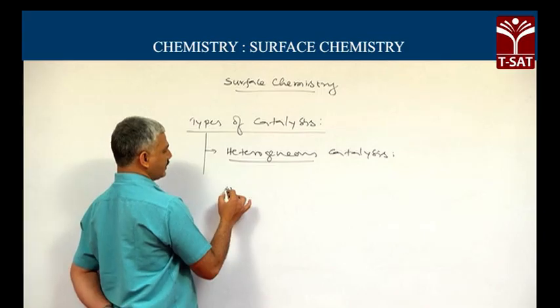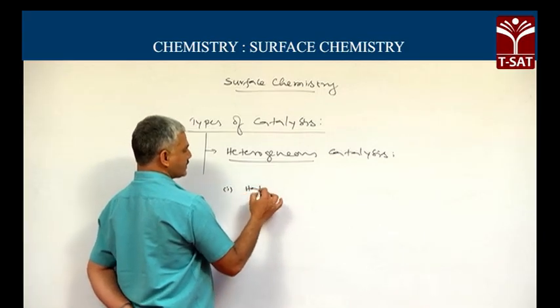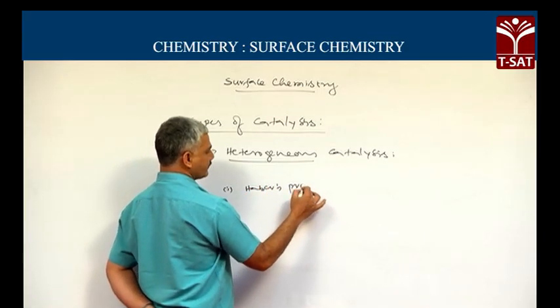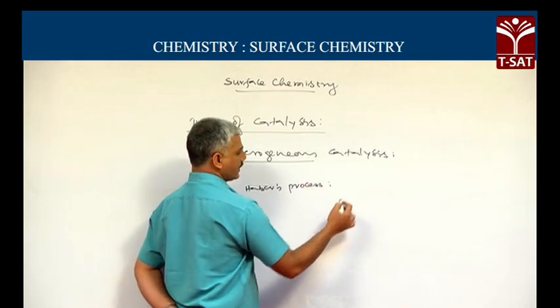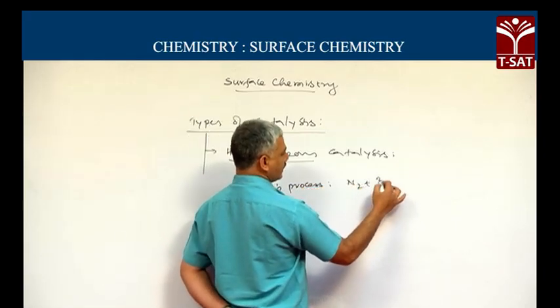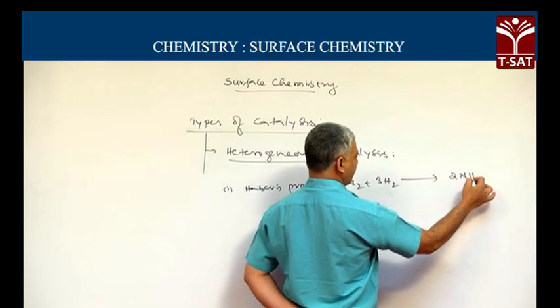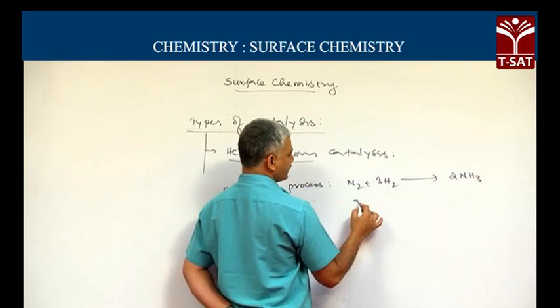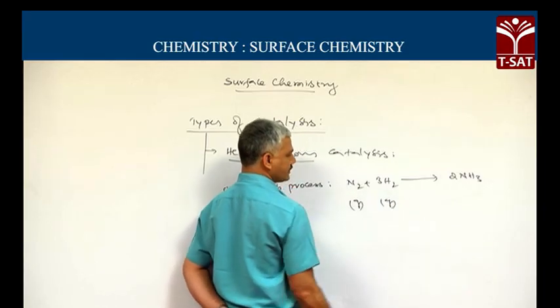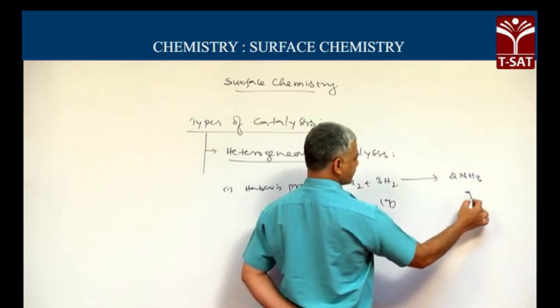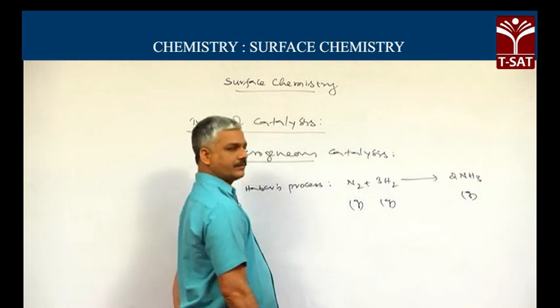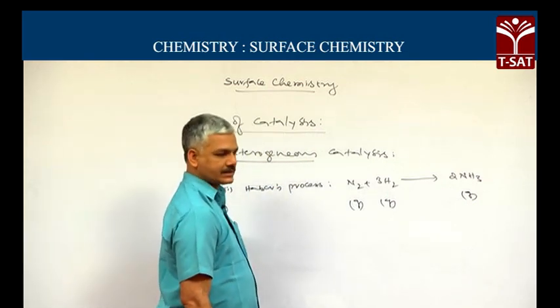For example, in Haber's process, nitrogen and hydrogen react with each other to give ammonia. In this reaction, the reactants nitrogen and hydrogen are gases. The product formed, ammonia, is also a gas.